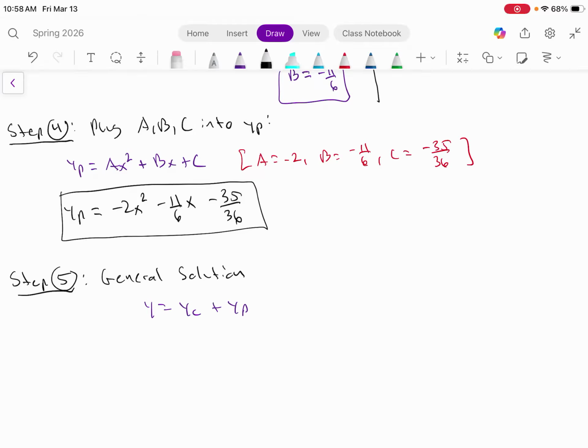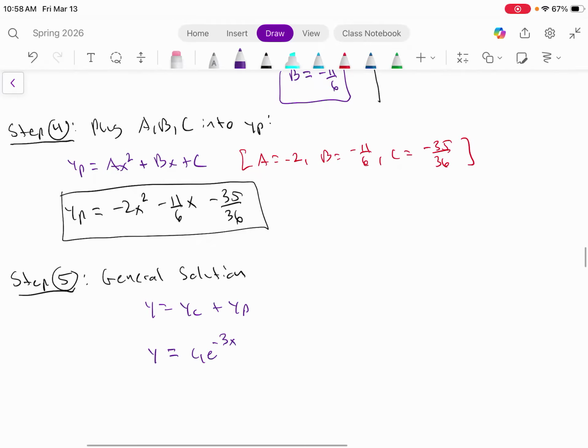So our general solution would be, let's write down, backtracking a bit, what our complementary is.